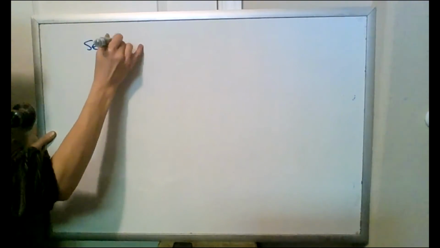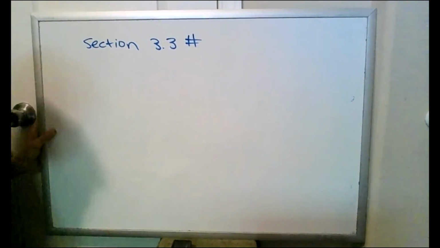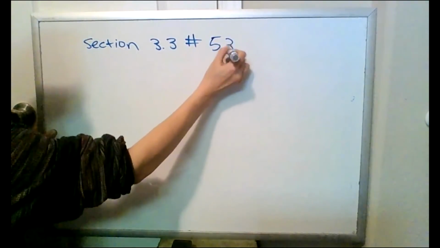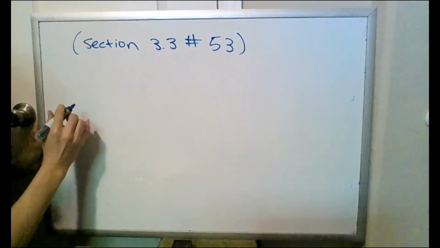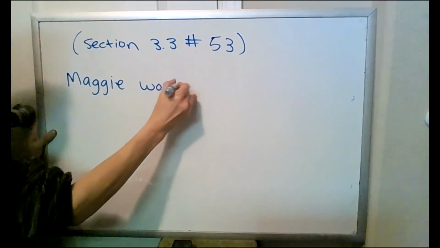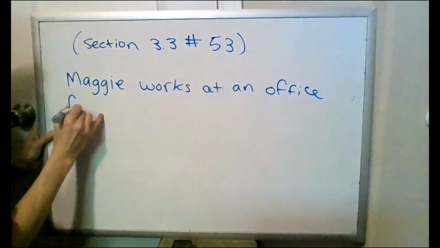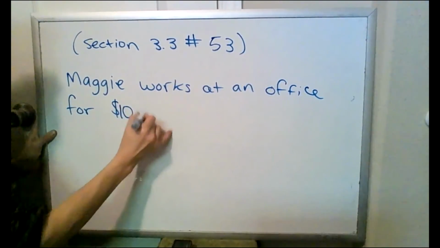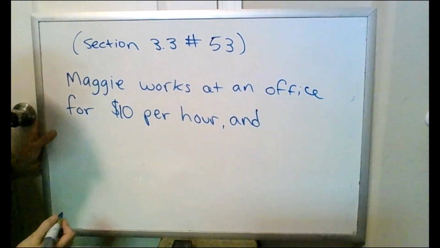It's section 3.3, number 53. Okay, Maggie works at an office for $10 per hour, and driving a tractor for $12 per hour.